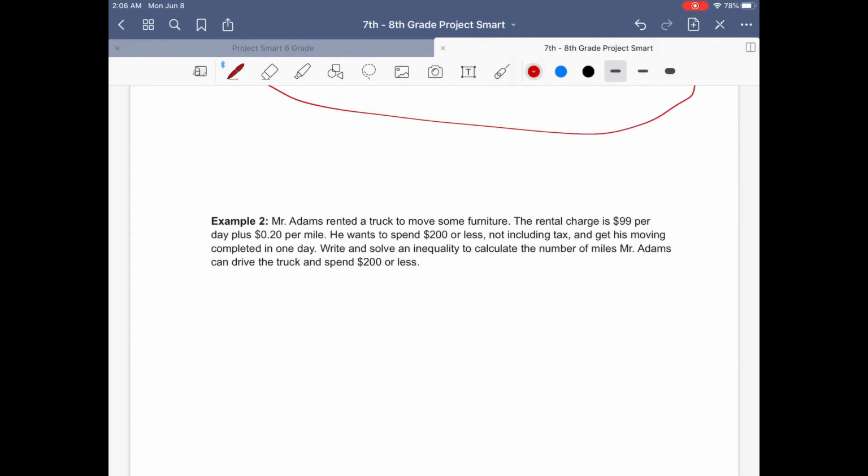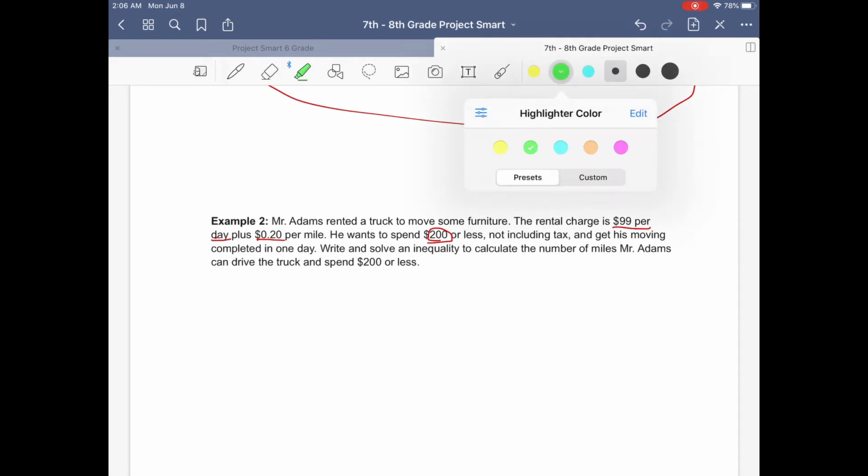All right, so here it sounds a little tricky, but let's really look at it. It costs him $99 per day to rent the truck, plus how many miles he has. He wants to spend $200 or less, not including tax, right? A lot of words.